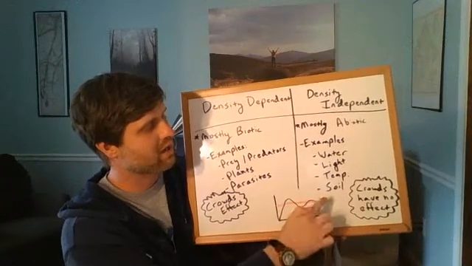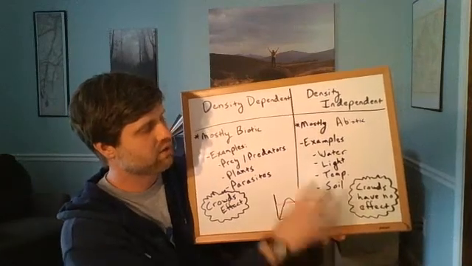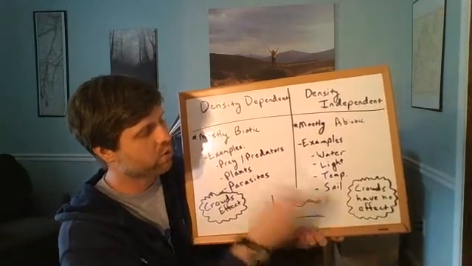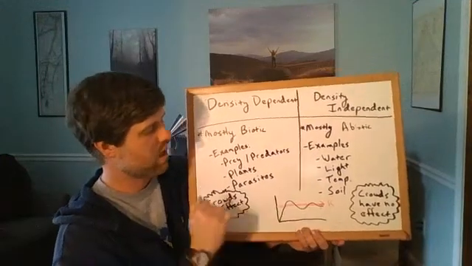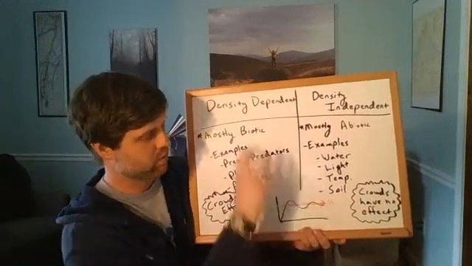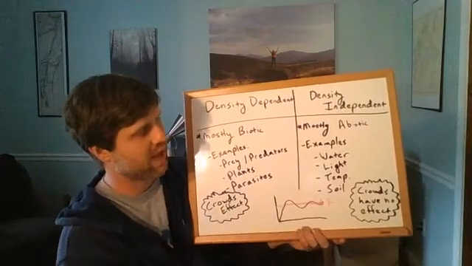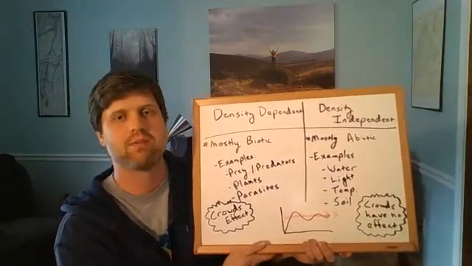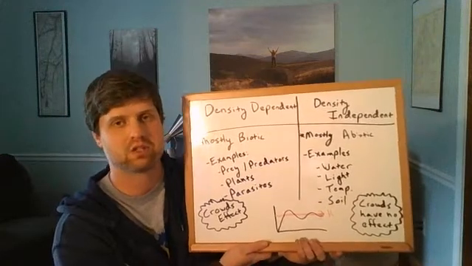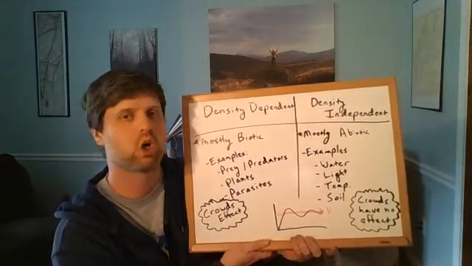These are abiotic. And it doesn't matter if the crowds are really large or really small, these things will still affect individuals. So crowds don't really have as much effect. Abiotic density independent factors, another good way of thinking of this is natural disasters like a major flood or hurricane.